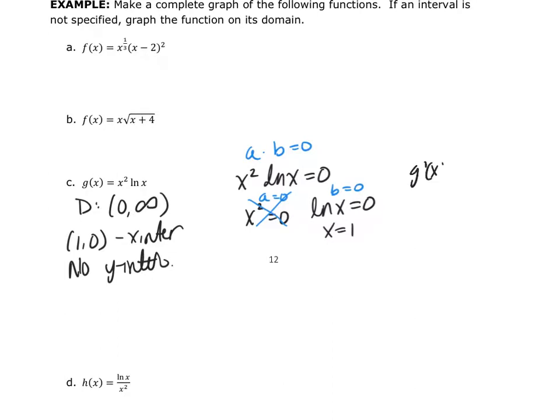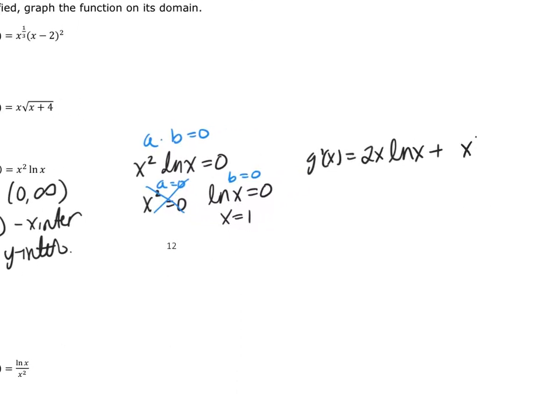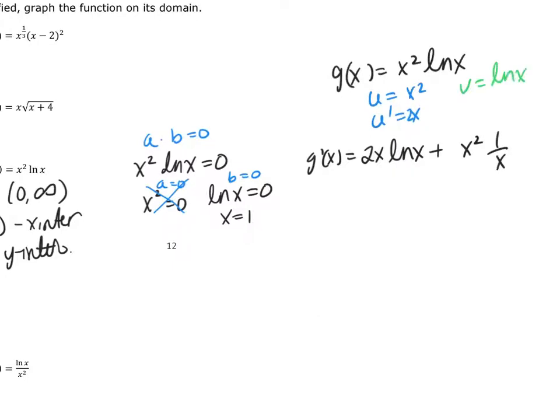g prime of x is equal to 2x, not squared, 2x times the natural log of x, plus x squared times 1 over x. What I had was my original function g of x equal to x squared times the natural log of x. u is equal to x squared, u prime is equal to 2x. v is equal to the natural log of x, v prime is equal to 1 over x.